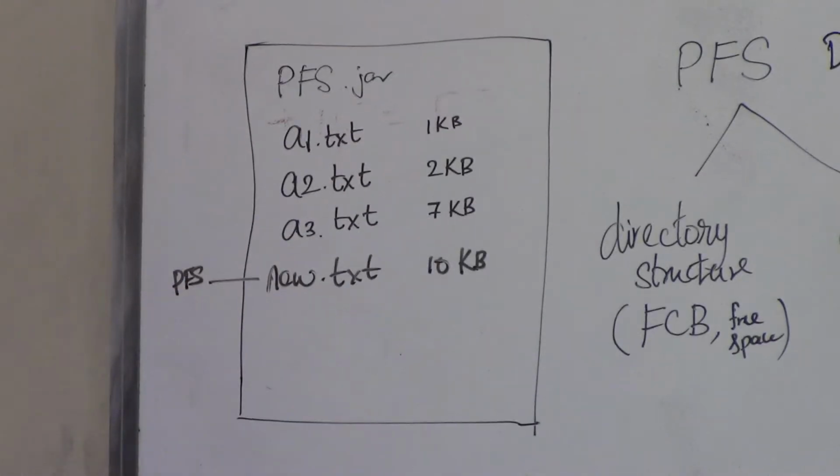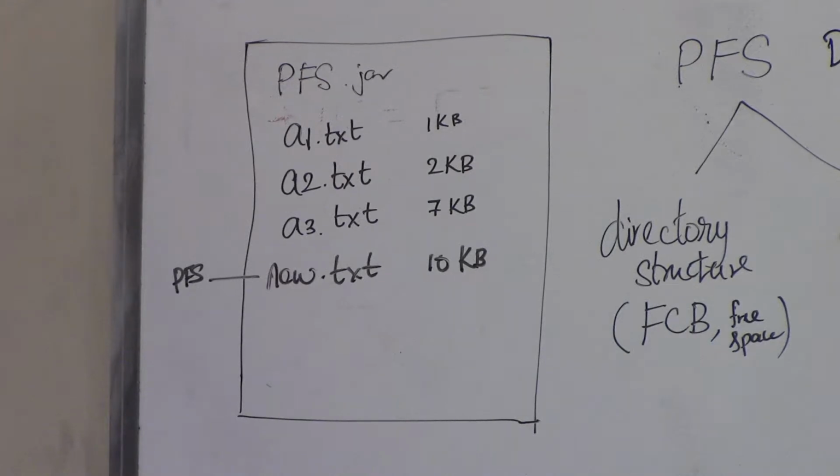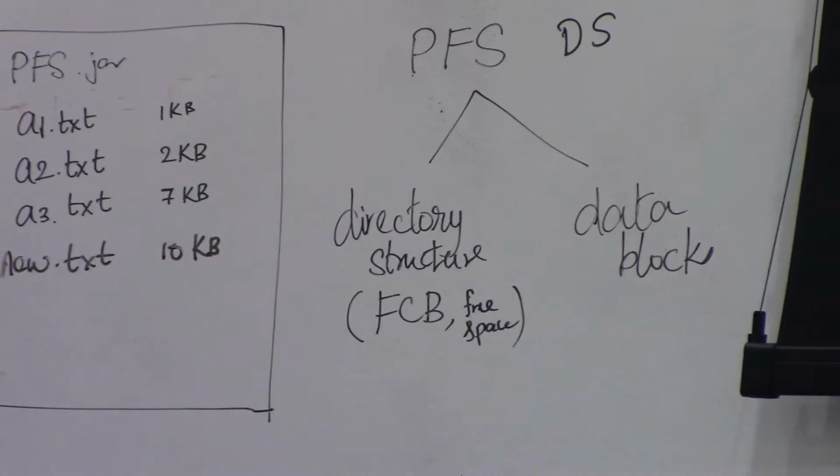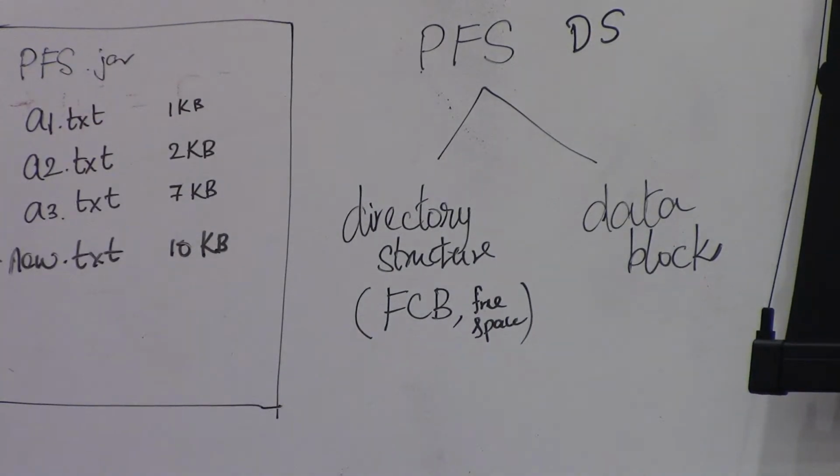As mentioned in the project document, it should be of 10 KB size, and for the allocation, the disk block size is given as 256 bytes.